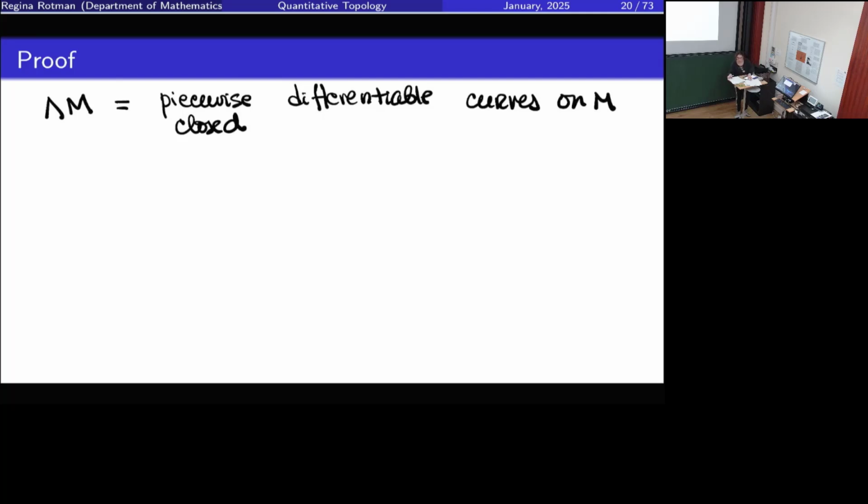So as we said, the proof is going to be Morse theory on the free loop space. This is called the free loop space on M.